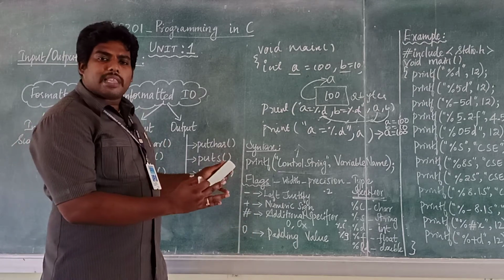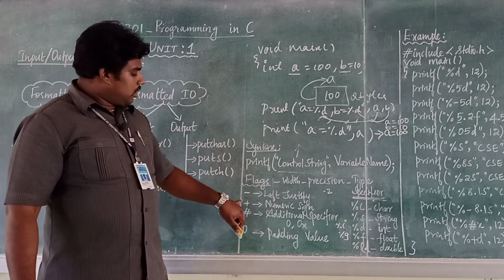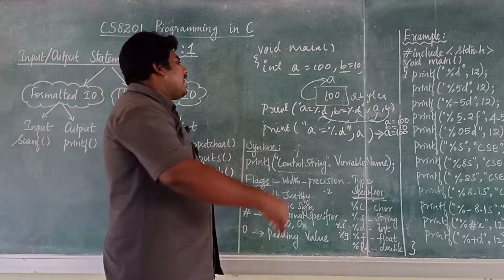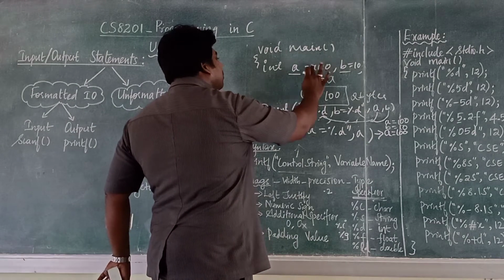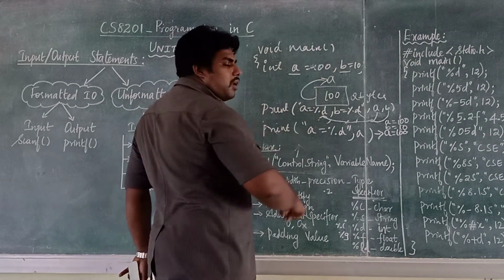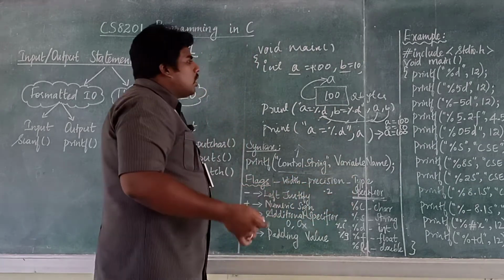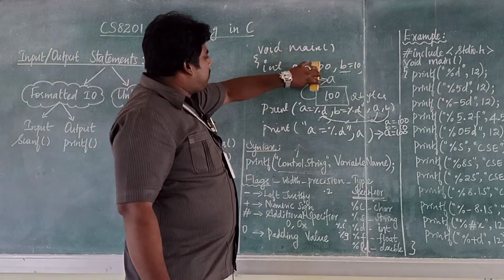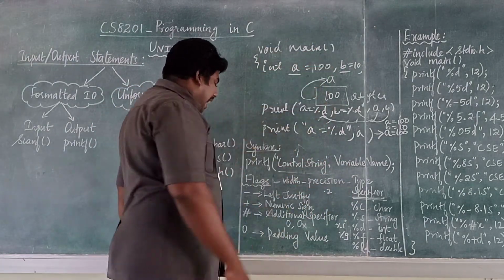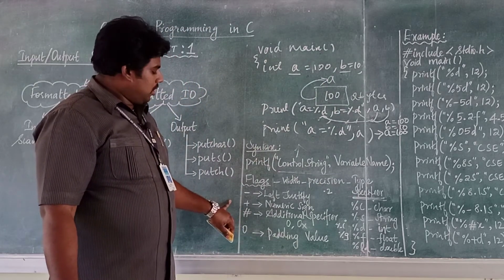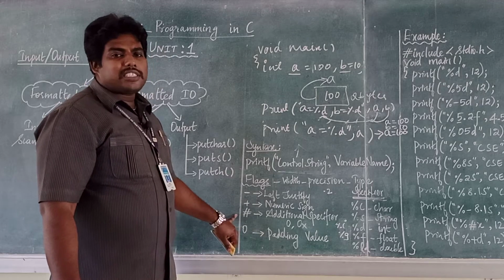It will start from the left end. For the plus symbol, are you putting plus here? No. If in your output you want to display the plus sign, you can use this plus symbol.